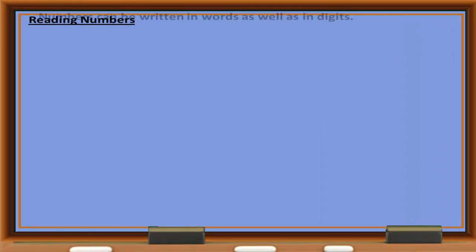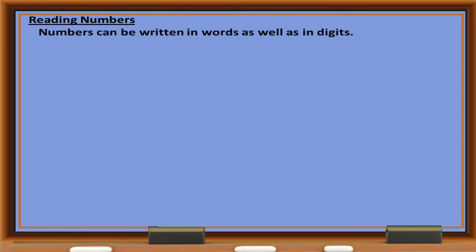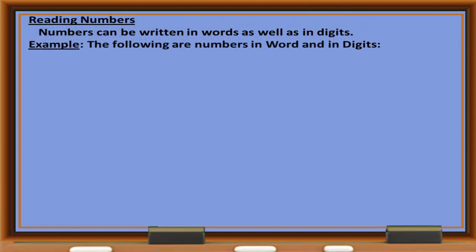Reading numbers. Numbers can be written in words as well as in digits. Example: the following are numbers in words and in digits. The first one is in words and the second one is in digits.